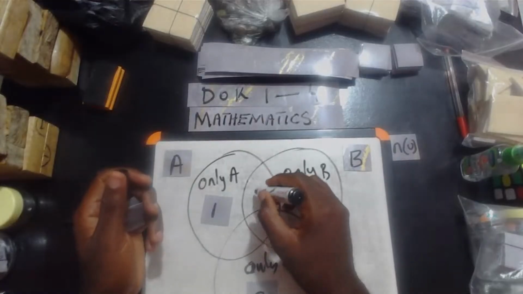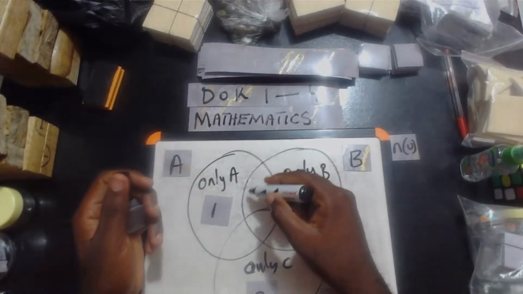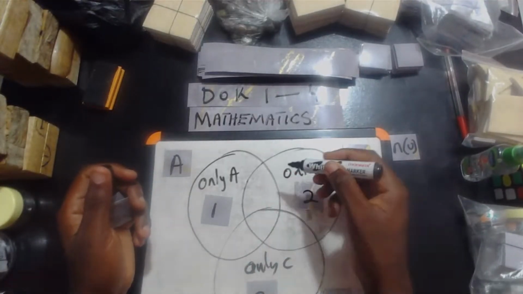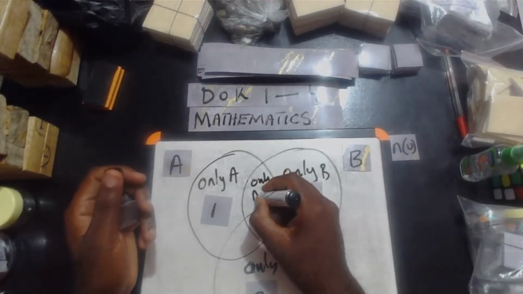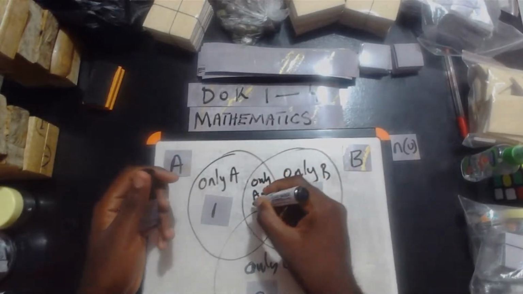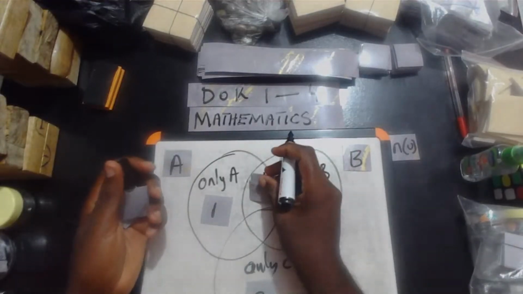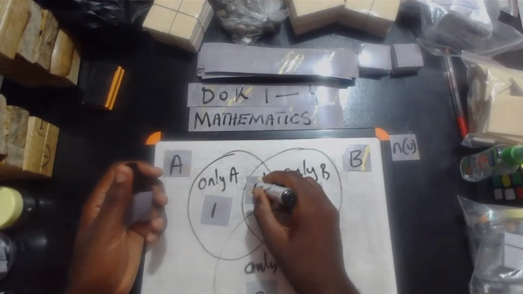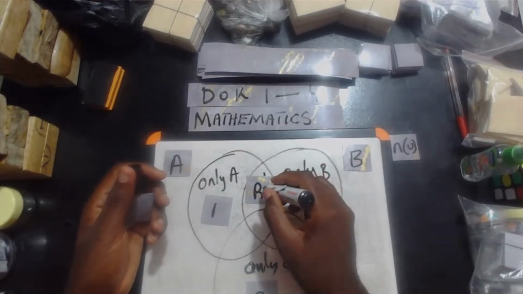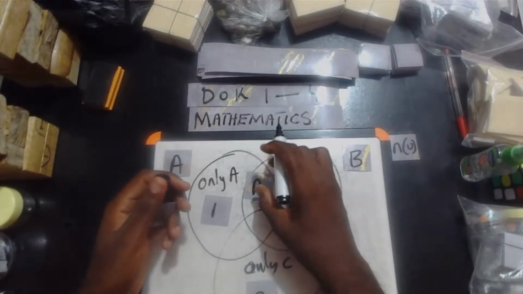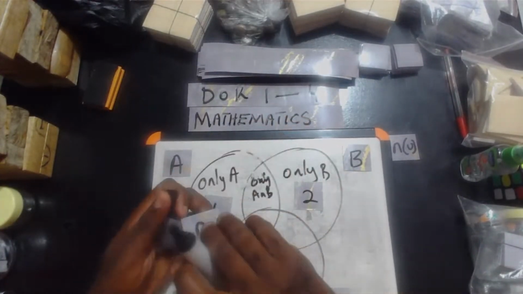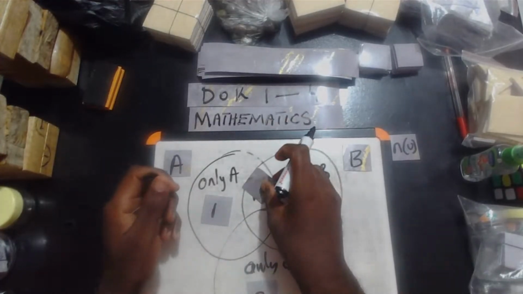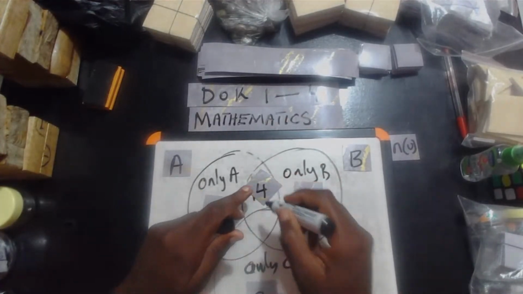So this obviously is A intersection B, but there are 2 regions. This side will be only A intersection B. This side here. Let's make this region 4.